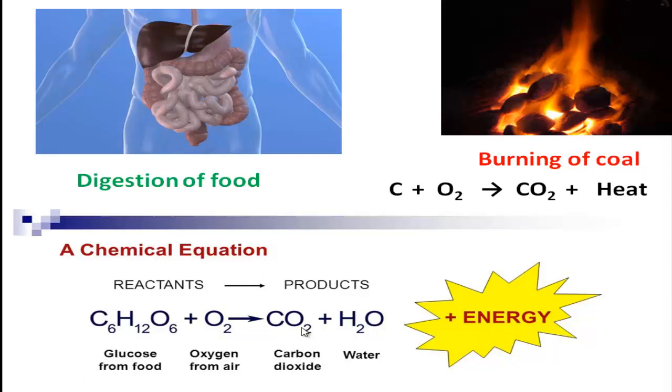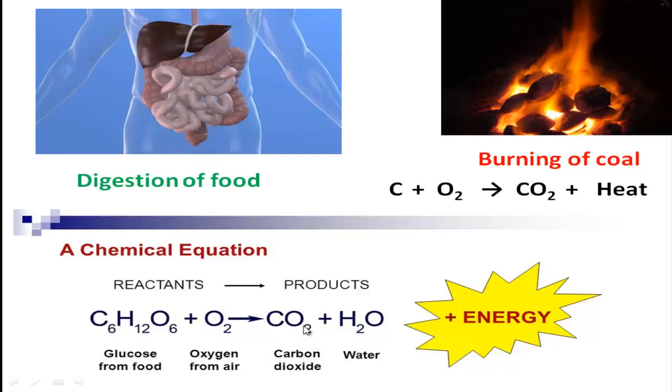So actually this is the mechanism of digestion of food, and inside our stomach what is occurring? A combustion reaction, the combustion or burning of food. Combustion and burning have the same meaning. Combustion of food is always occurring inside our stomach, and in this reaction carbon dioxide gas and water are produced.